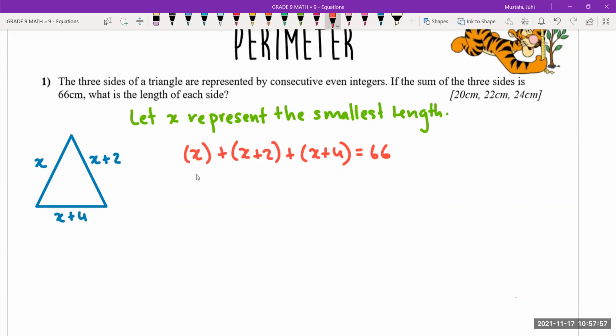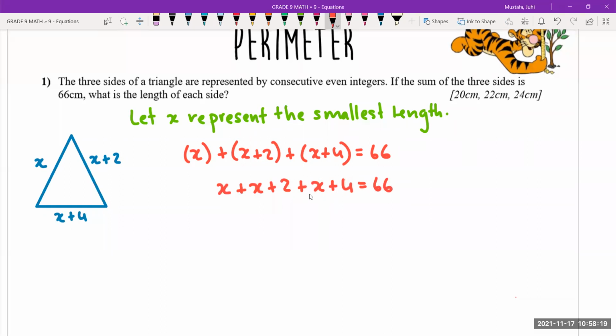Okay, I'm going to solve it. If you don't want to listen to me, you can go ahead and just solve it yourself. There's no number in front of the bracket, so I can just get rid of all the brackets and have x plus x plus 2 plus x plus 4, and that's going to be equal to 66.